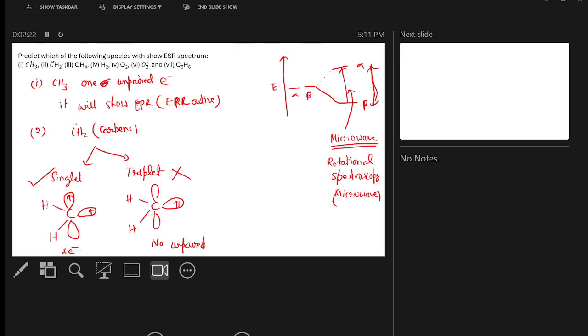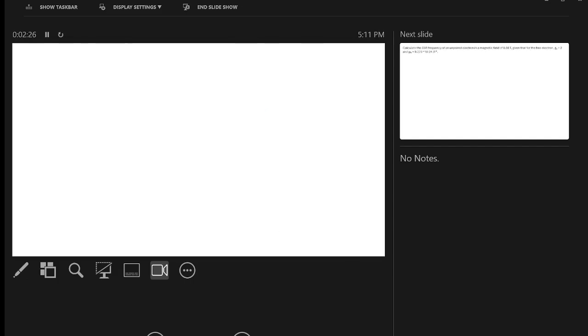The next question is O2. Again we will try to draw the molecular orbital diagram of O2. You'll ignore the 1s. Let's say I'm writing the electronic configuration of oxygen atom. It is 1s2, 2s2, 2p4. So I'm ignoring the 1s and starting from here.